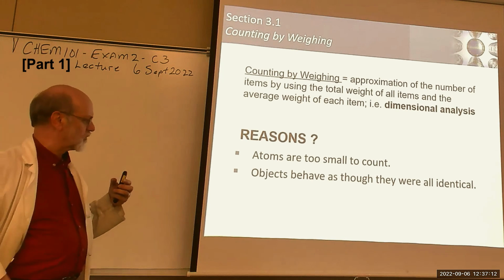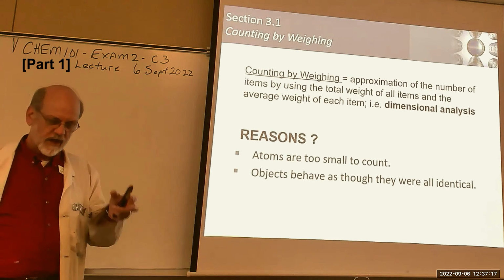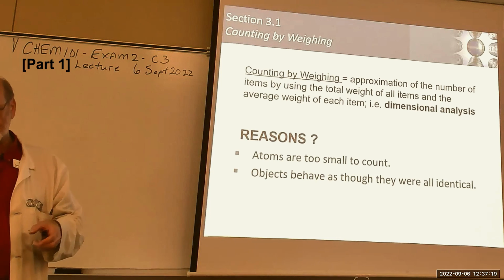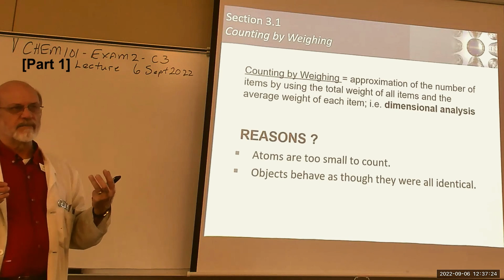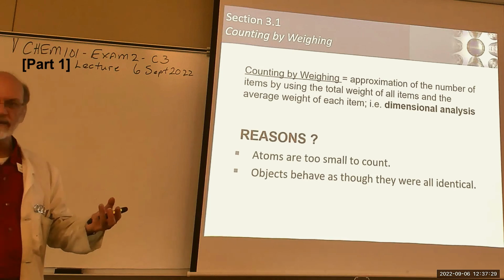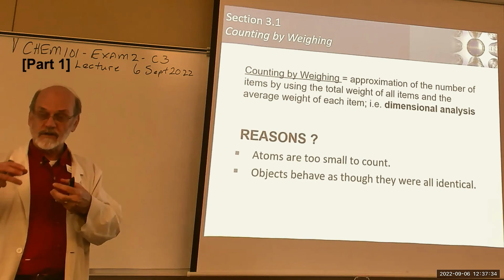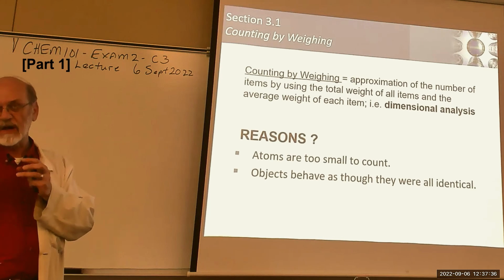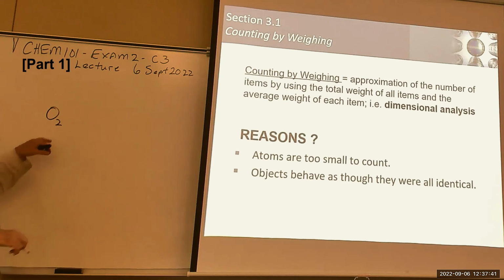We have to, for practical purposes, treat the objects that we're counting as identical. In other words, this object should weigh the same amount as this object. But if you've got mixtures of different objects, like a mixture of hydrogen and oxygen, so many molecules of O2 will weigh a certain amount.